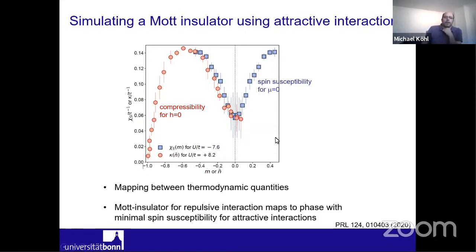And for example, if we look at the red data here, that is repulsive interaction as a function of the chemical potential or density, then we see, okay, so initially the compressibility goes up, and when we reach half filling, so basically that the whole lattice is filled up with particles, with one particle per site, then we get to a minimum of the compressibility.